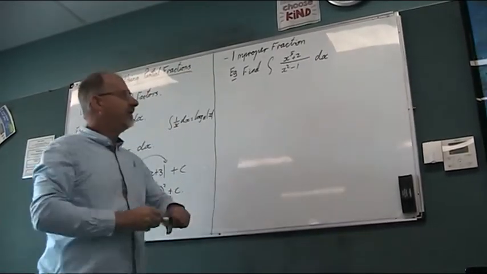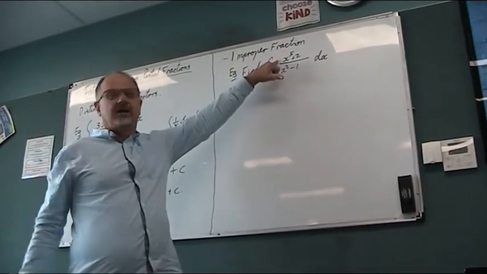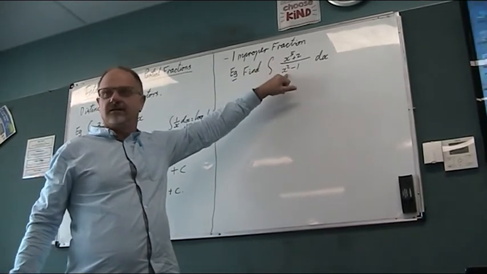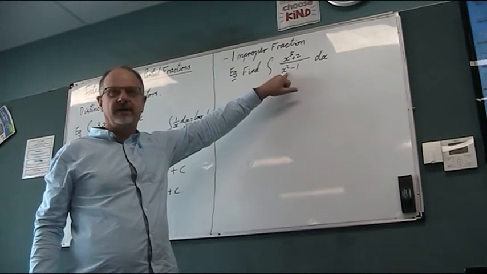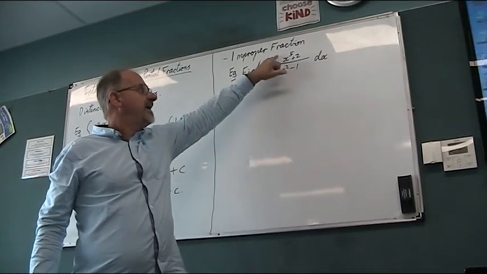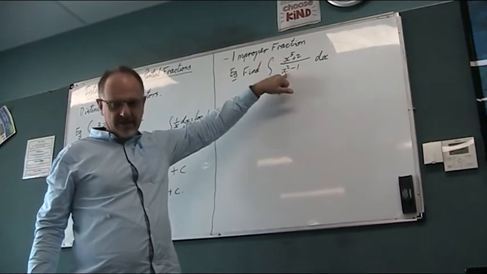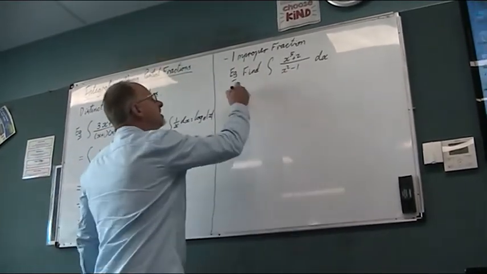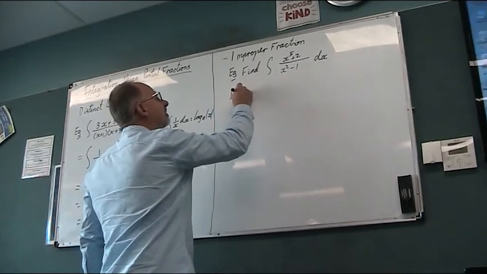Now you notice here that on the top the power of x is 5, and on the bottom it's x squared. So because the power up here is greater than here, it's considered to be an improper fraction. And so before we start, we need to divide first.